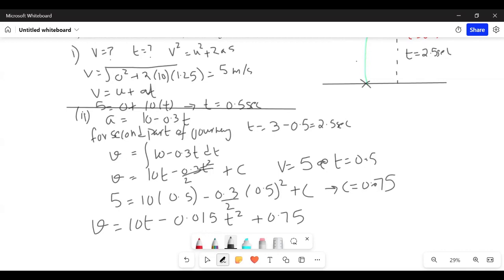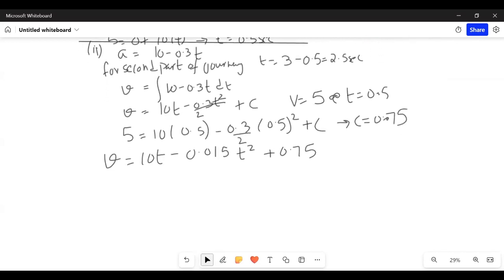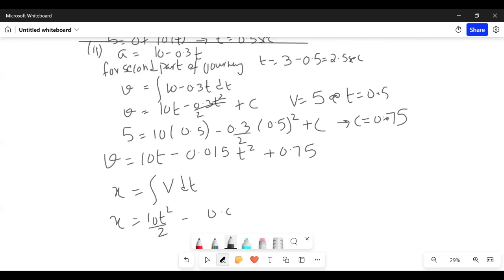Now we have to find the displacement. So x equals, integrate this with respect to t again. So we get 10t square upon 2 minus 0.015 t cube upon 3 plus 0.75 t plus c.